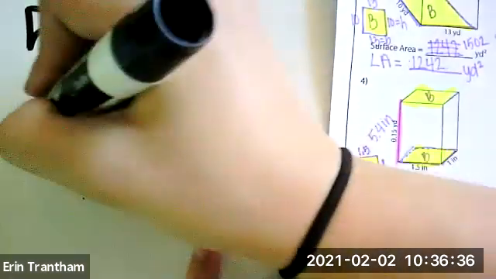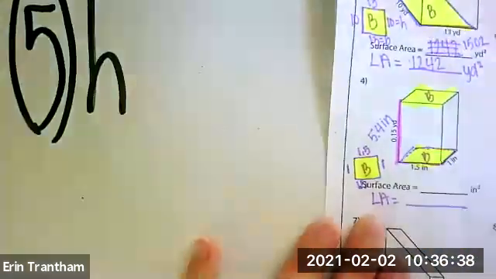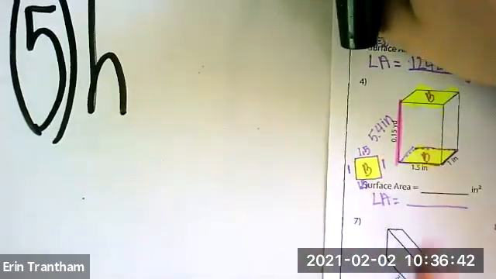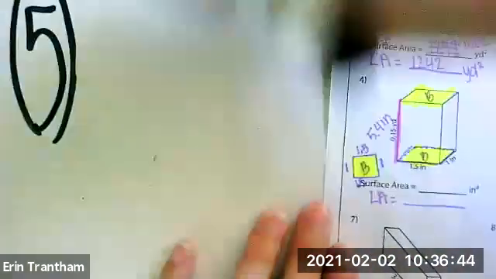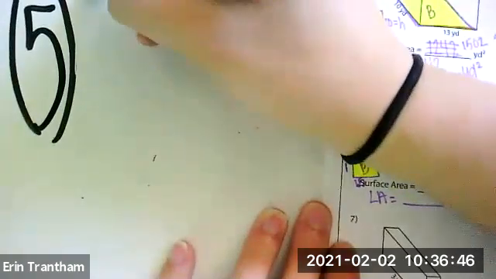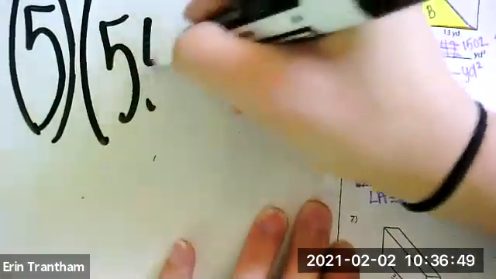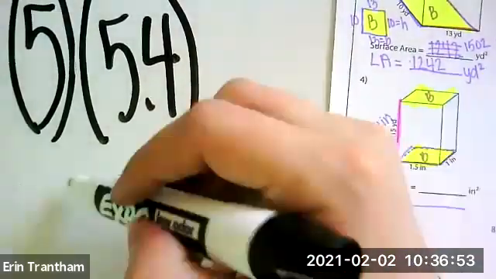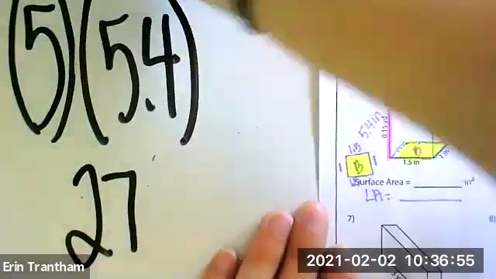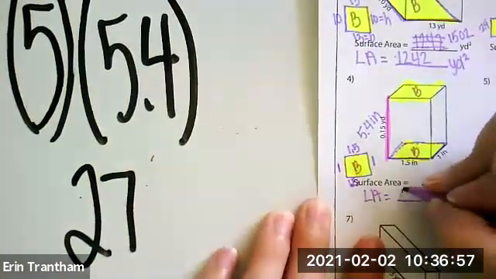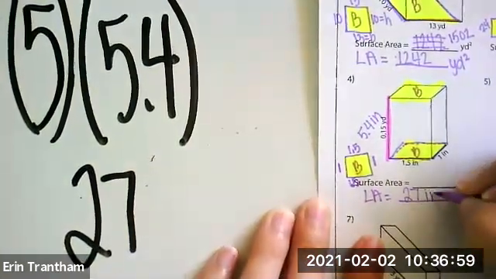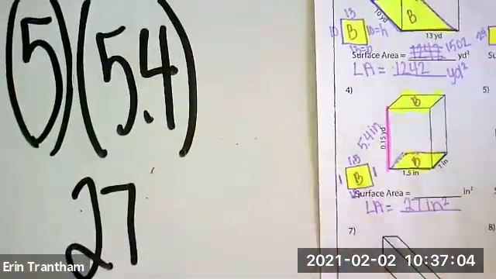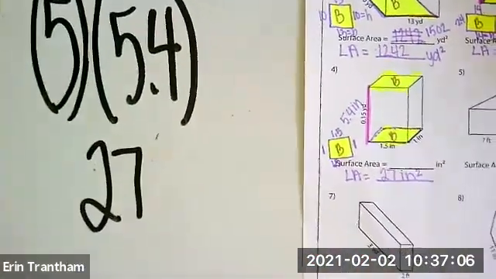And what is your height of the box? 5.4, because we converted the 0.15 to 5.4. Okay, 5 times 5.4, 27. So that's your lateral surface area, inches squared.